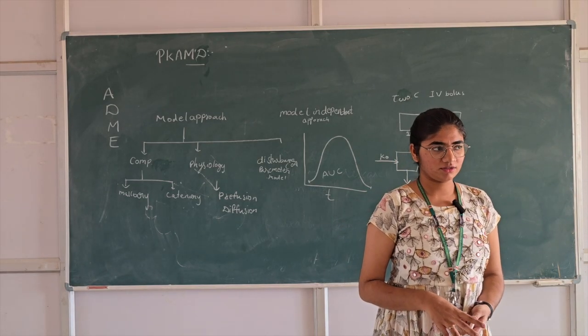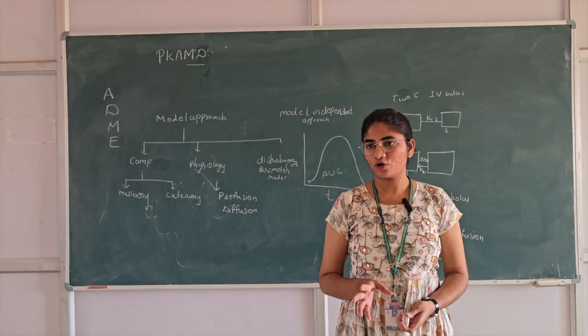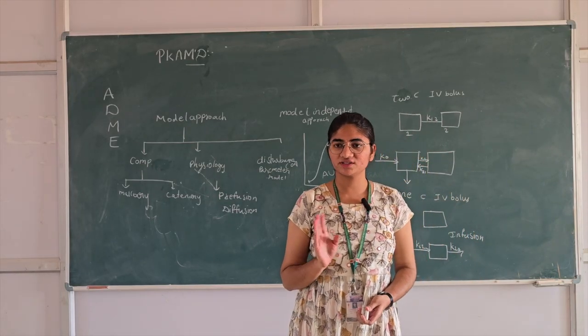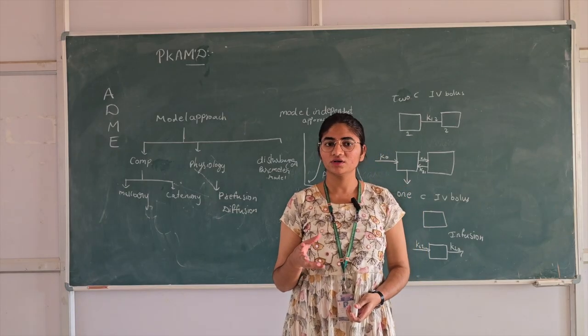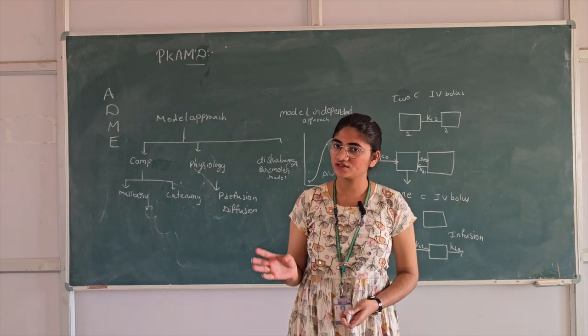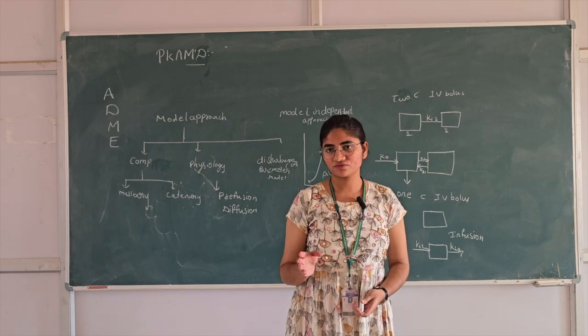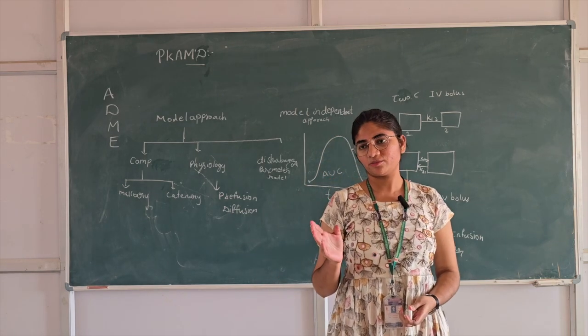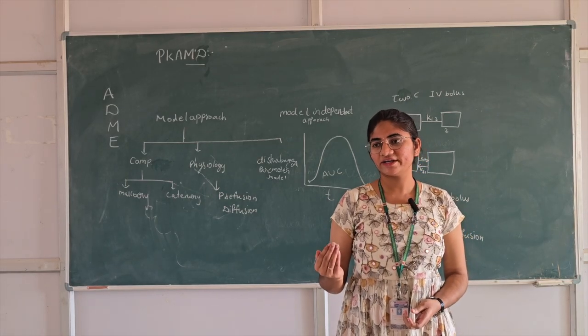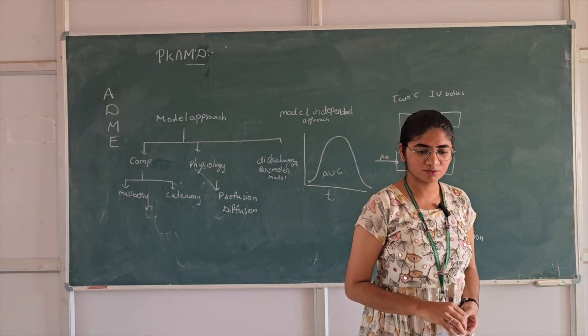Like if there is any physiological change in the body, we cannot predict the difference in absorption, metabolism, and distribution by using the compartmental models, as we do not include that type of situation when we conduct compartmental models. But in the physiological model, we can include such situations like kidney failure and metabolic disorders, and we can know how they affect absorption, metabolism, and distribution.